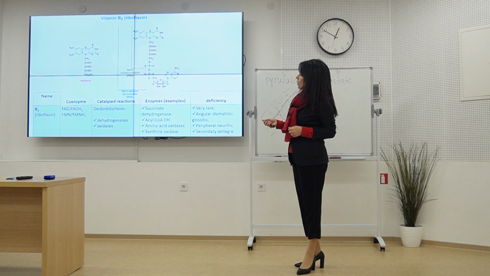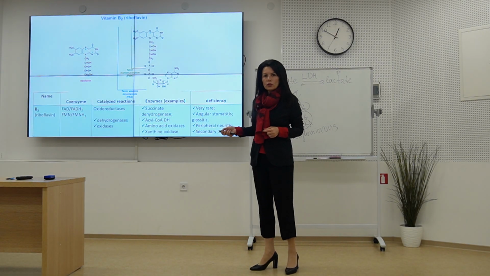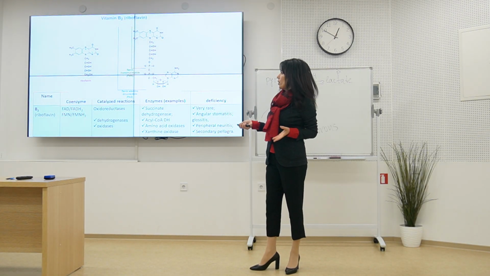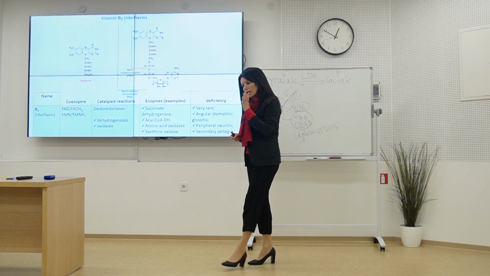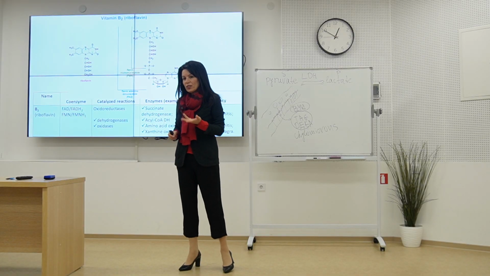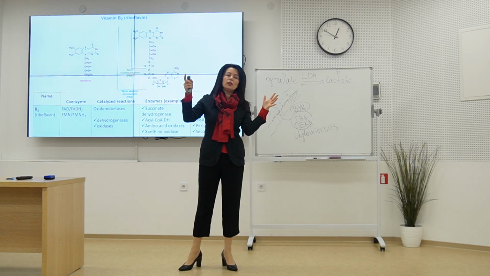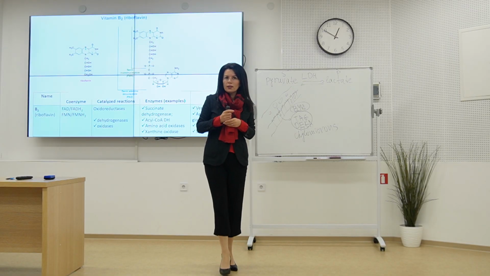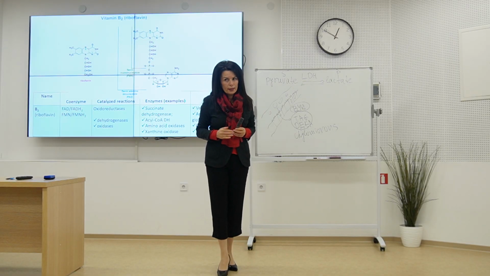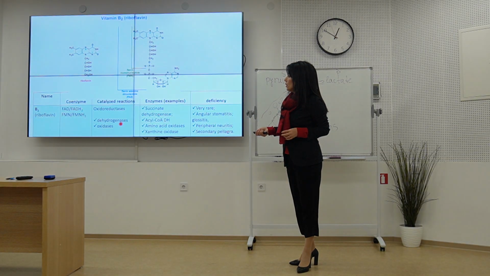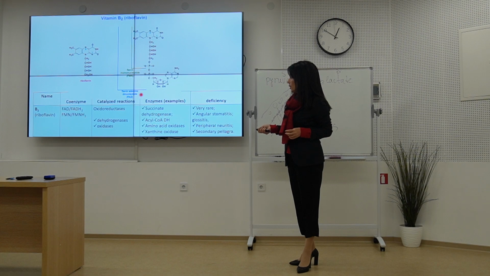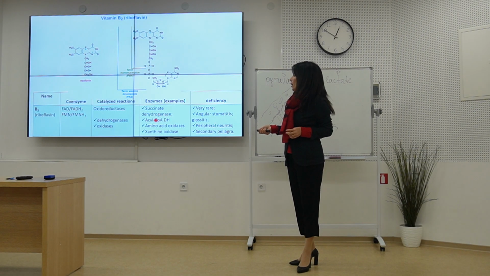Which are the reactions that use these cofactors? The general name of all these reactions is oxidoreductases, but you have to know specifically where exactly they are used. There are many subgroups of oxidoreductases, and actually FAD is used in the reactions of dehydrogenases, for example succinate dehydrogenase and acyl coenzyme A dehydrogenase.